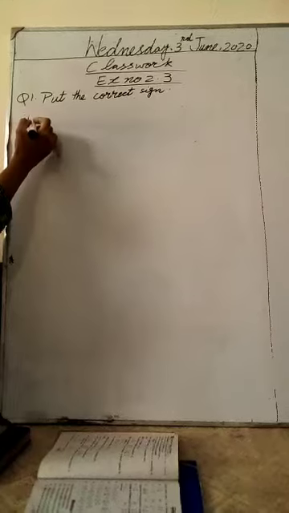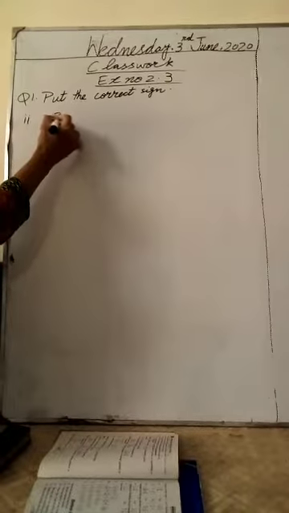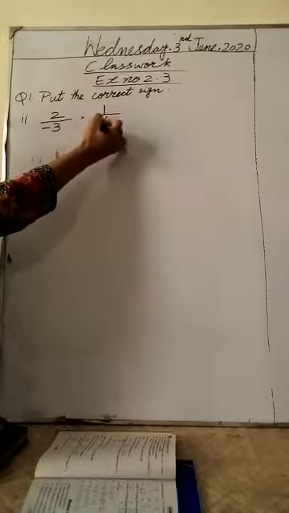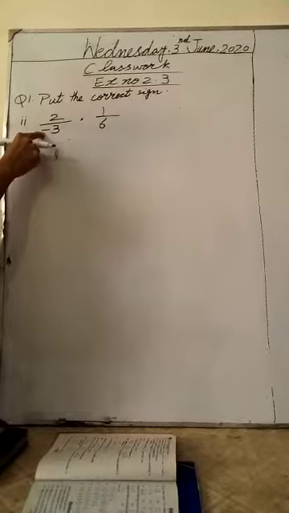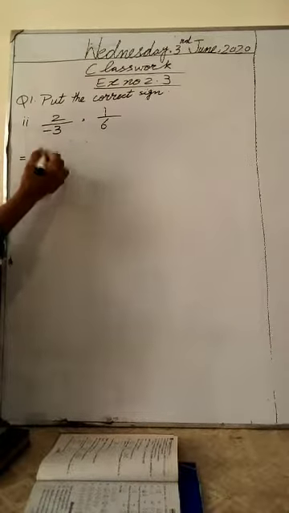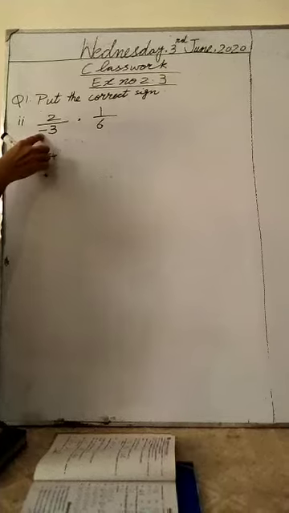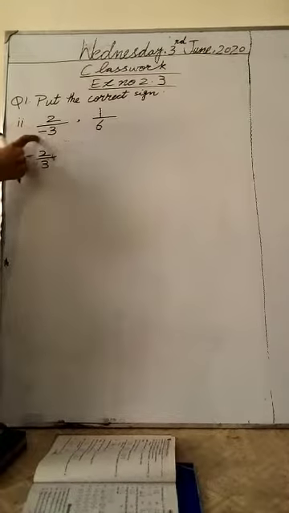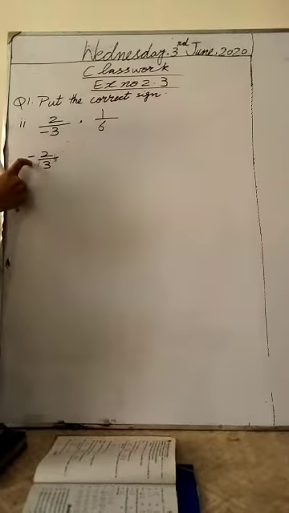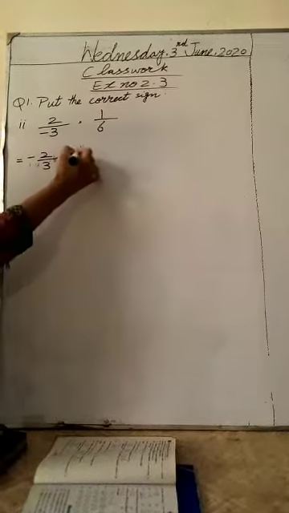Second part of this question is minus 2 over 3, comma 1 over 6. We need to put this minus sign with the numerator. It's just for confusing. So you need to write your question again and put the minus sign with the numerator, and 1 over 6.